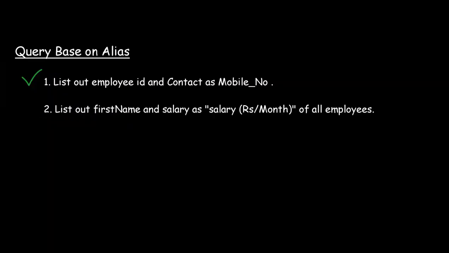Now move to the question number 2. Question number 2, list out first name, salary as salary rupees per month of all employees. So I am writing the query for this one.